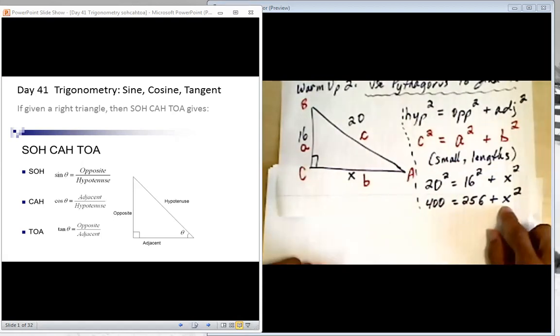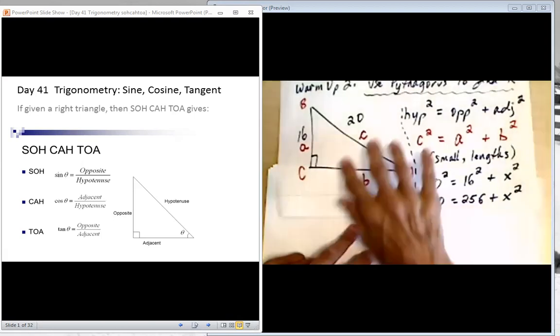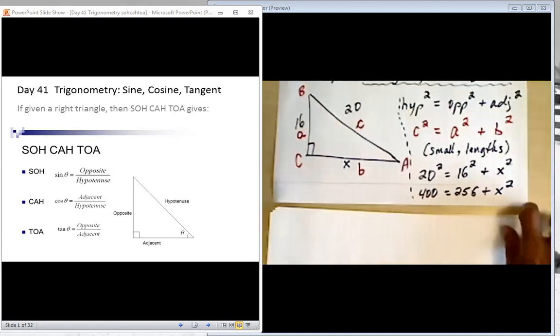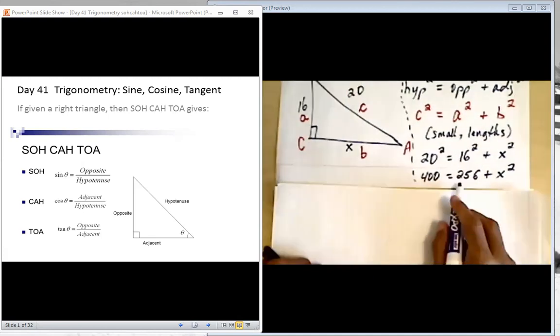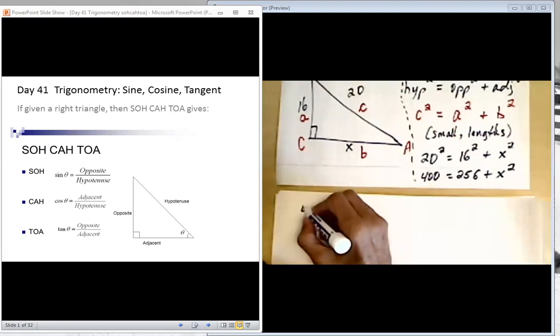Having x squared positive is super important. So we'll leave this there and move the other stuff, meaning we move the 256 over, okay?